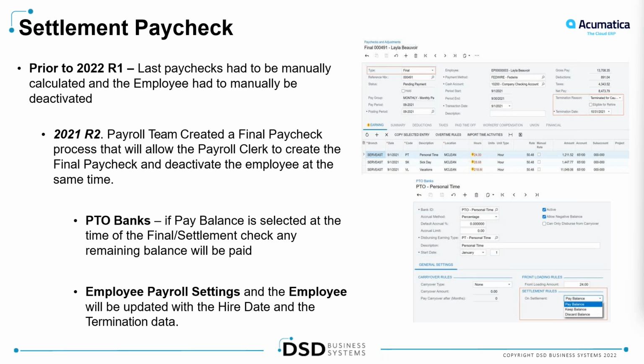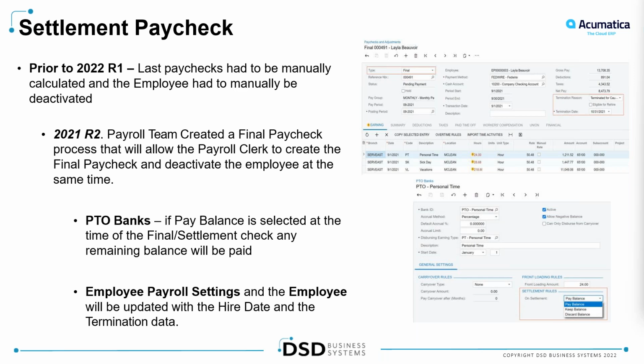Now there's ways to trigger those events and create paychecks on the fly and have a sort of a final termination style check as well. Payroll team can then easily create that, process that for those individuals.